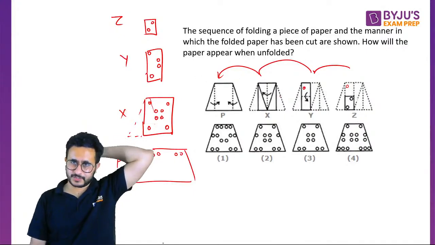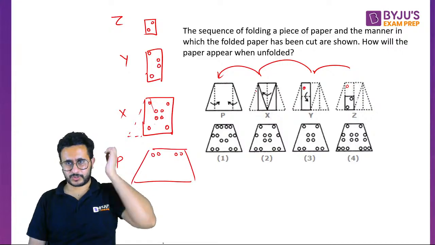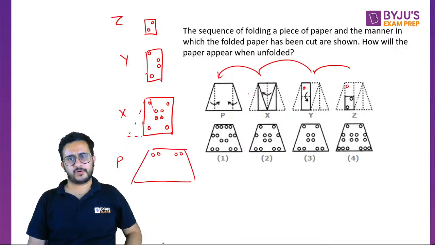This is, if this here, it should come, isn't it? Or will it be like this? So this looks more likely, right?